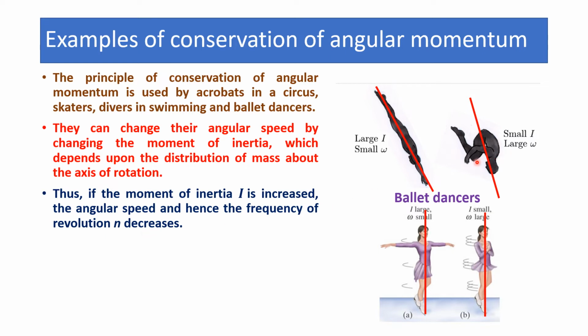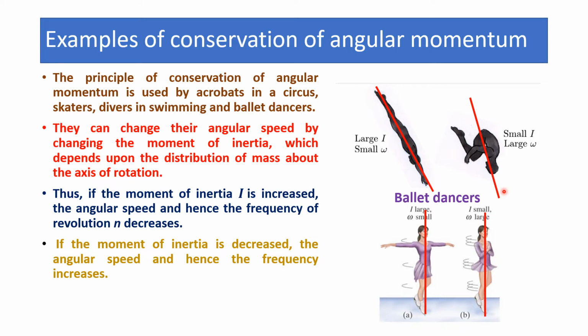Whereas, when a swimmer or diver folds the body, the distribution of mass about the axis of rotation decreases. Hence, the moment of inertia decreases and the angular speed increases.